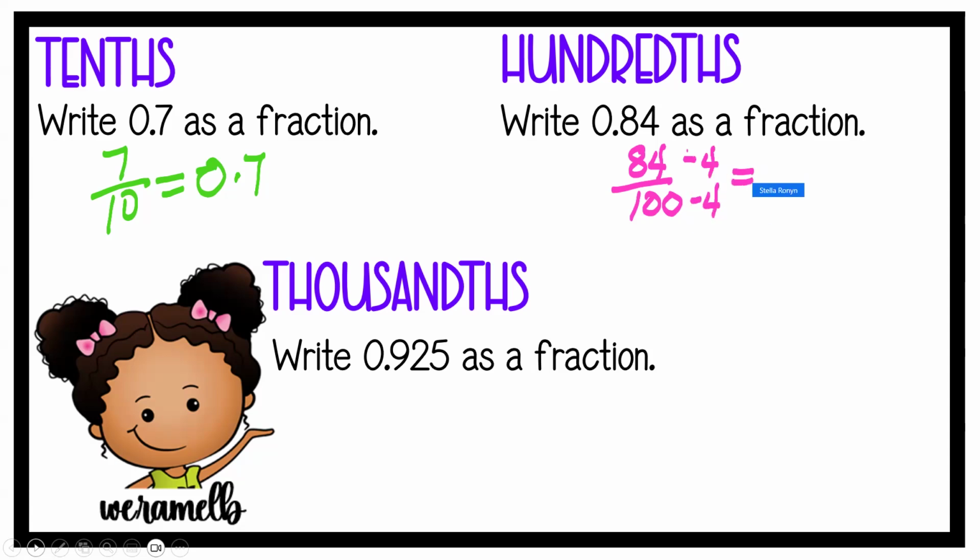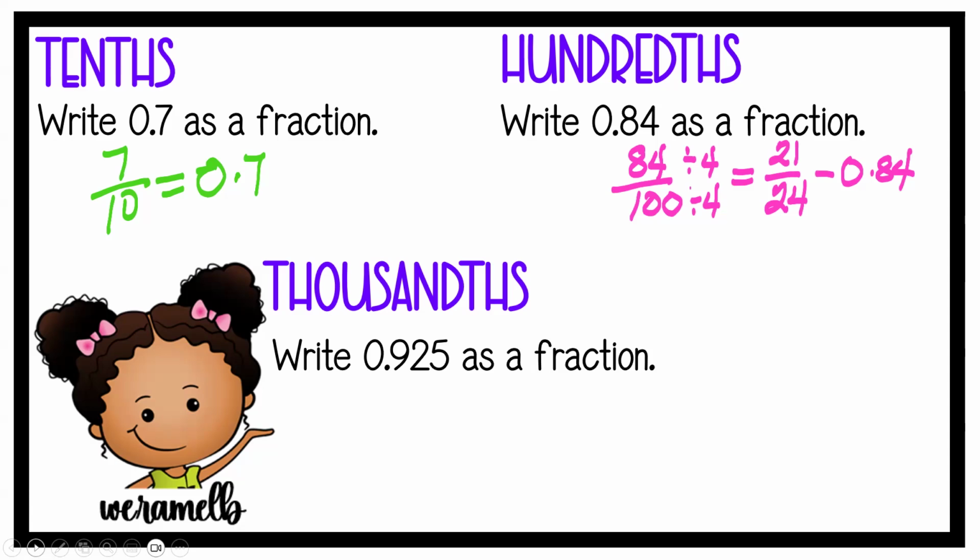So that is going to be 21/25. Okay, this terminating decimal 0.84 can be changed into the fraction 21/25 in simplest form. Okay, get your guided notes and follow me, okay?